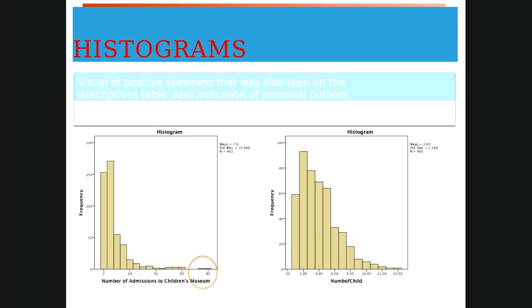However, you can see that our data is very skewed, right? It's not normally distributed. We could see we have a high, positive skew. But we can also see that we have a potential outlier here. So for this variable, number of admissions to the Children's Museum, you can see that there's a case or cases that are around 80. So that looks like a possible outlier.